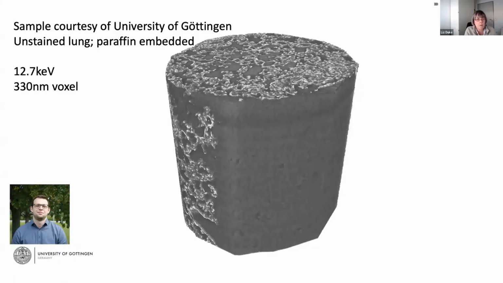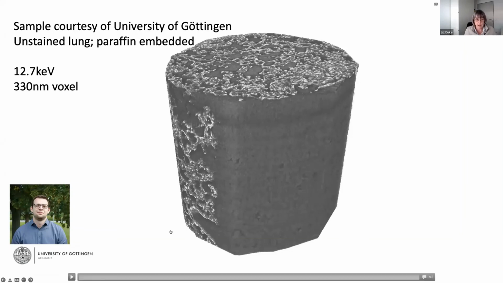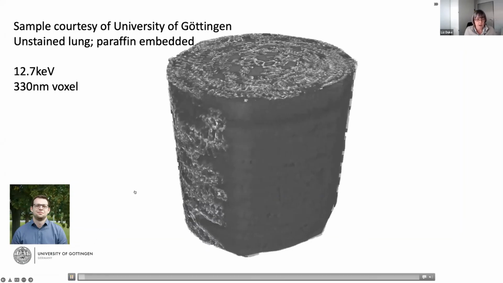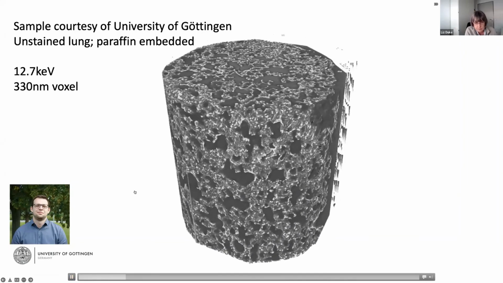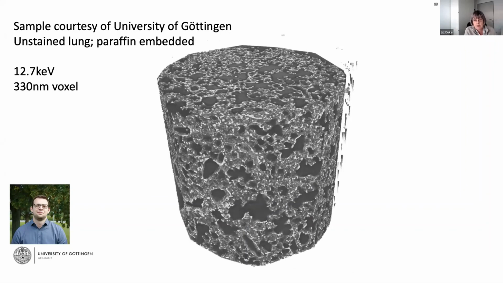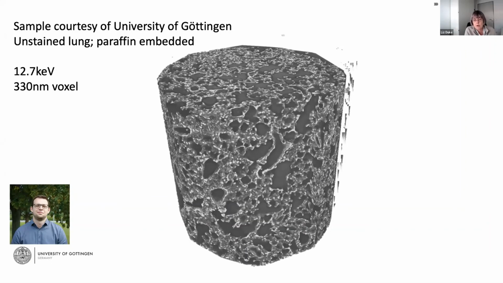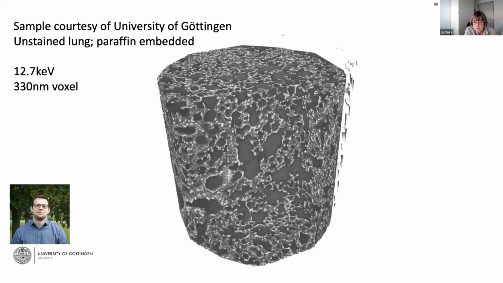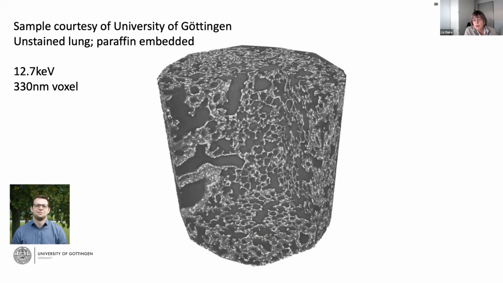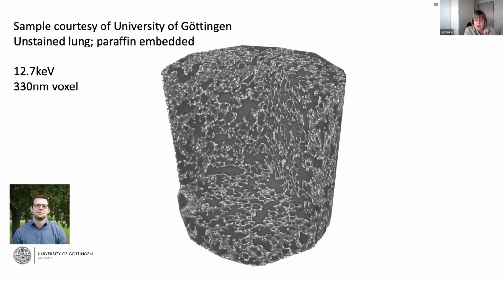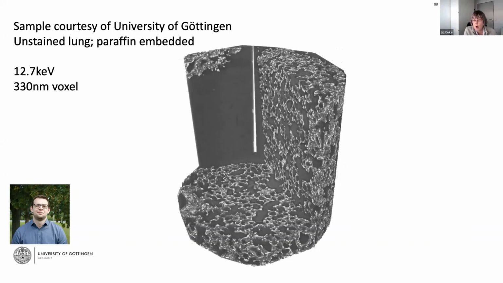And so moving on then to a totally different type of sample. This is lung, courtesy of the University of Gottingen. And this is paraffin embedded but unstained. Again, this is a 1 millimeter punch biopsy, and we're able to see the internal structure of the lung very, very beautifully. The lung is a really nice organ to study because it basically is full of pockets of air.